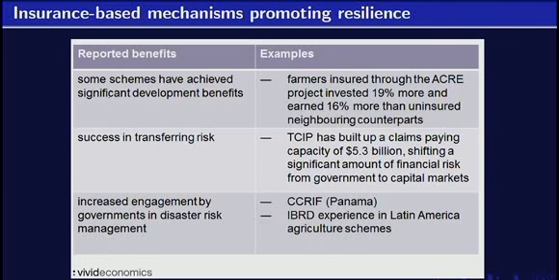Apart from just having an insurance scheme within your country, you can reinsure in different countries. And that's why we have this particular program in Panama. It deals with insuring governments, not just individual farmers.